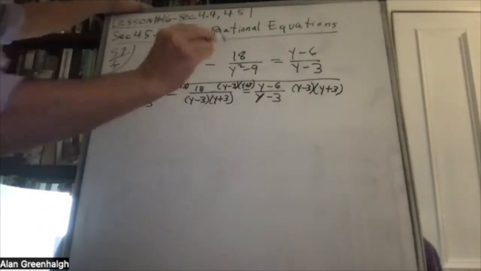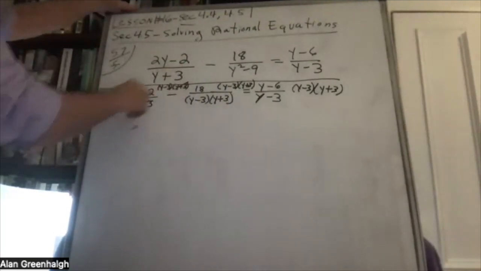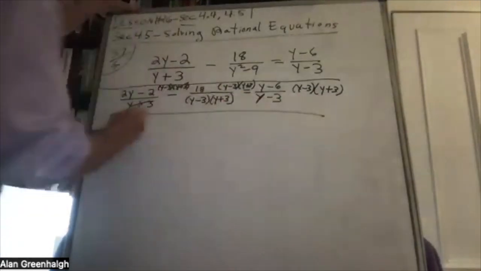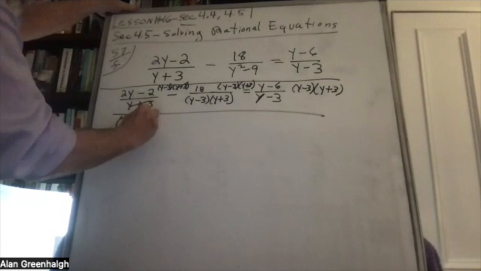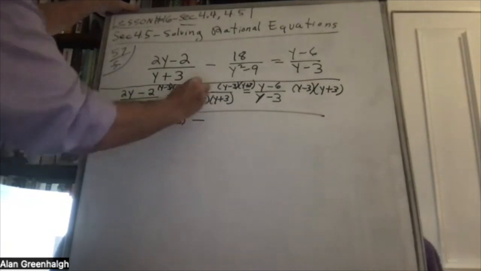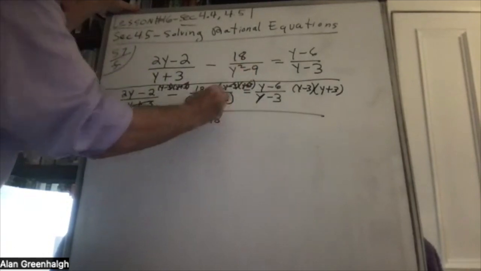Okay, so there we are. So this drops out with that. The two y plus 3's drop out, and we wind up with 2y minus 2 times y minus 3. Minus, since both of these are going to drop out, equals 18.